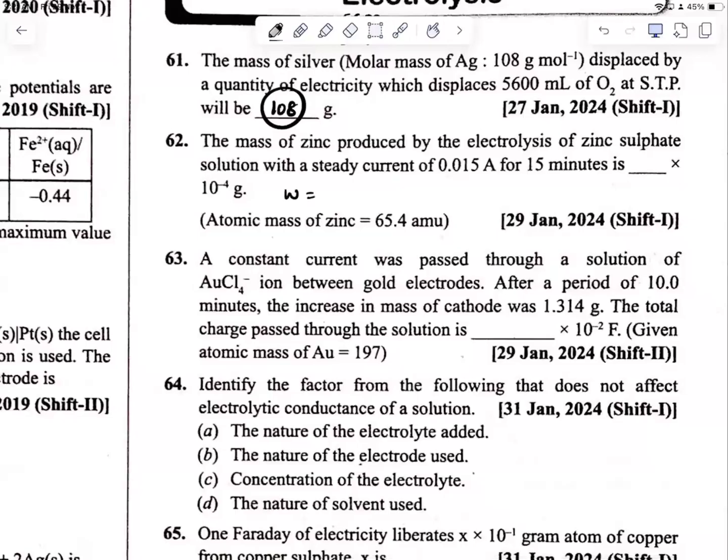W is equal to E by F into I into T. So, equivalent mass of zinc would be 65.4 by 2, into Faraday is 96500, into I into T. I is 0.015 into time. Time is 15 into 60. This is what we need to write. So this is coming out to be 46 into 10 raised to the power of minus 4. Okay, so the answer is 46. That's it. Next.